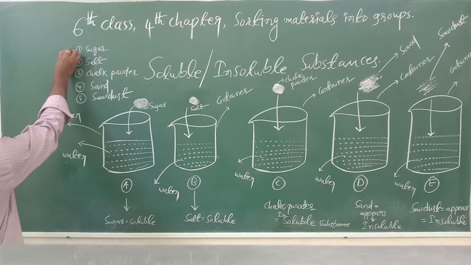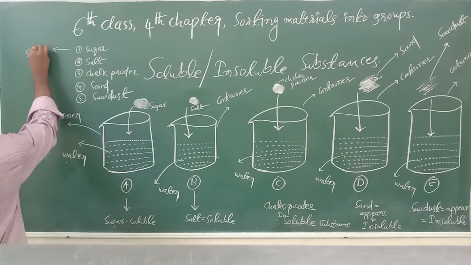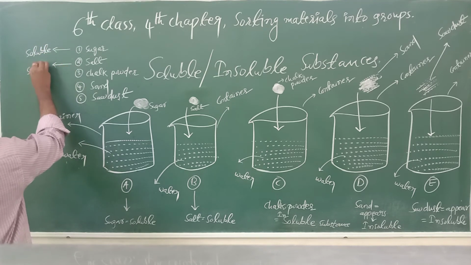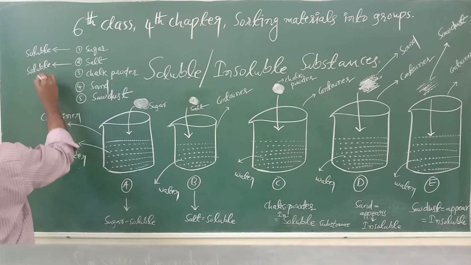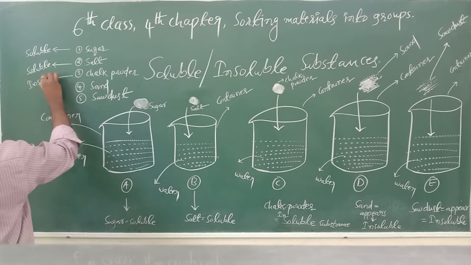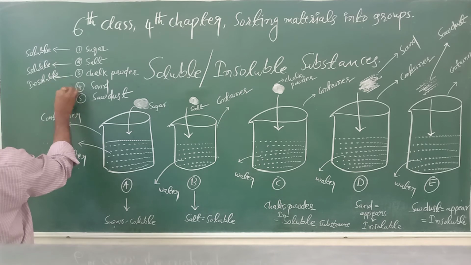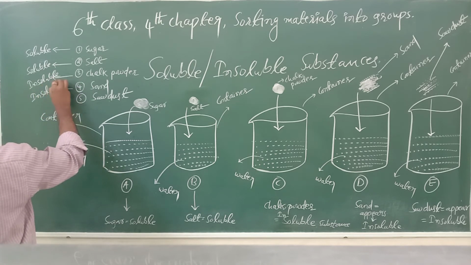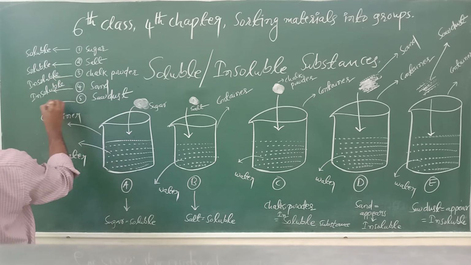For example, sugar soluble, salt soluble, chalk powder insoluble, sand insoluble. Next, sawdust insoluble.